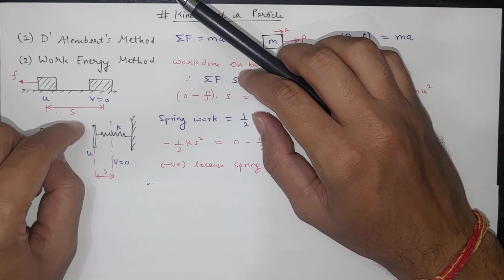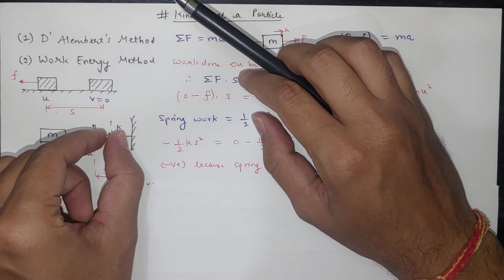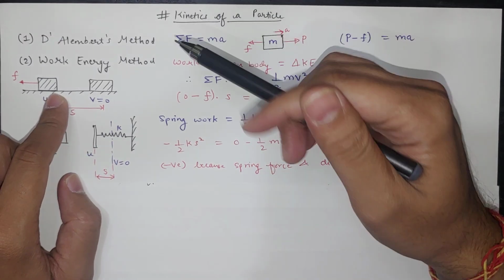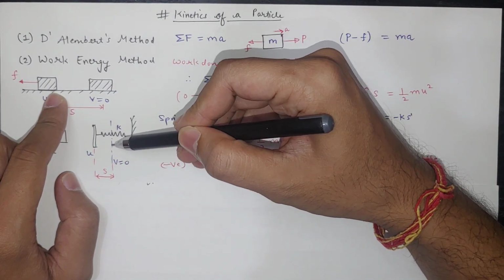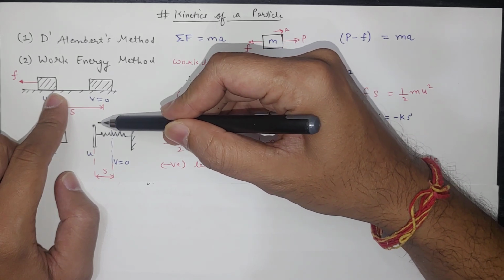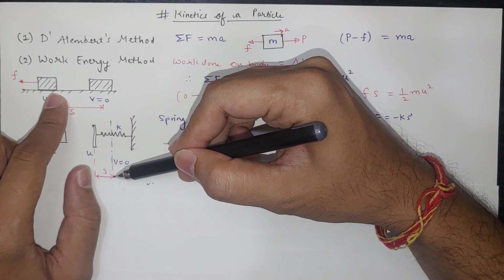After that, there will be a force in the opposite direction because the spring will contract. The spring does work on the body, and the body comes to a stop after some point, where its velocity becomes 0, having traveled distance s.